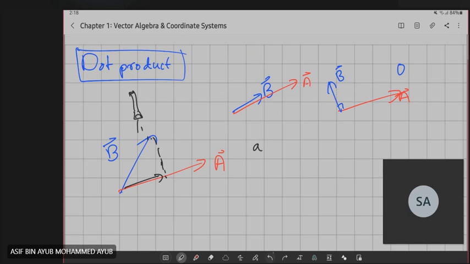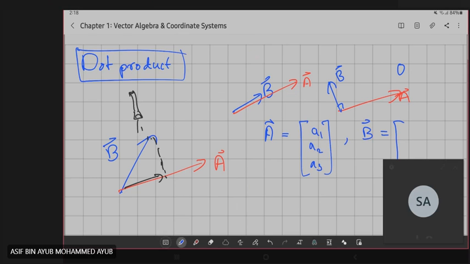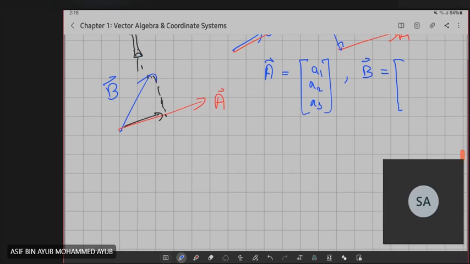Now, how do you compute the dot product? If you recall the notation I introduced in the beginning of the lecture, a vector a can be represented by a1, a2, a3 as a column vector. Similar with b. B is basically b1, b2, and b3.